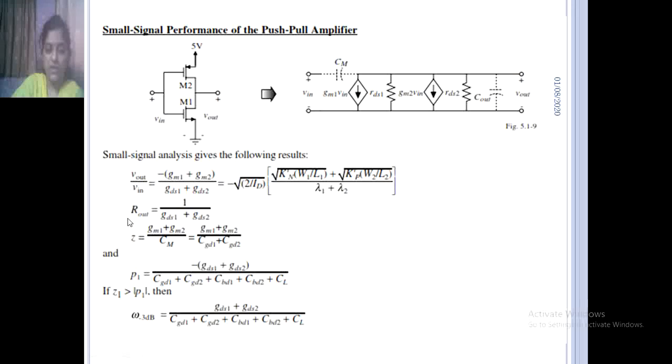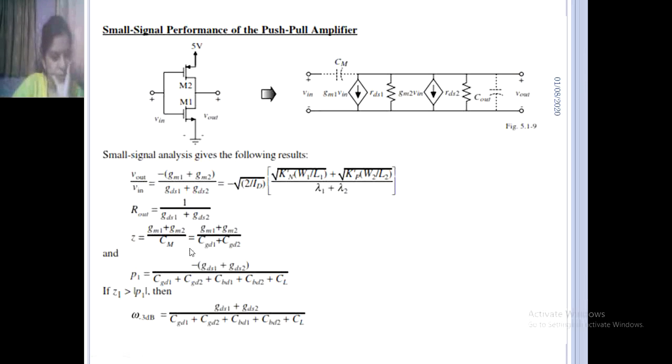Then if you want the value of Rout, it is 1 divided by (gds1 plus gds2), and the zero is represented as (gm1 plus gm2) divided by CM.